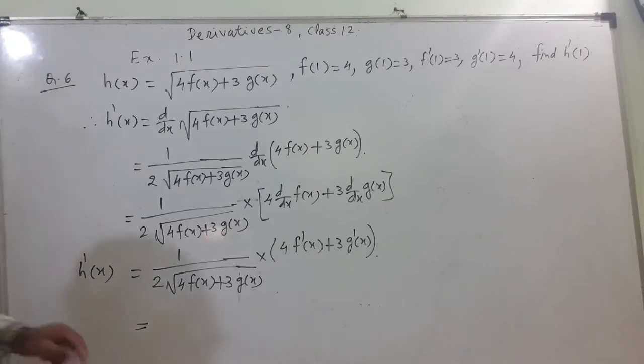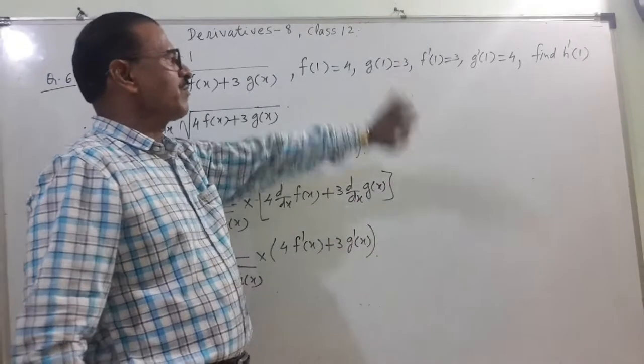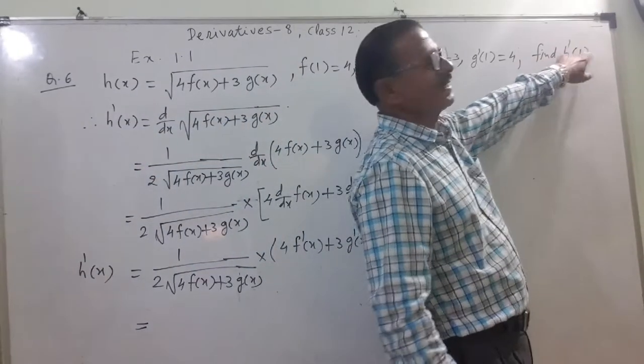Now everything is done. Now I want to put in the value, and what I have to find is h dash of 1.